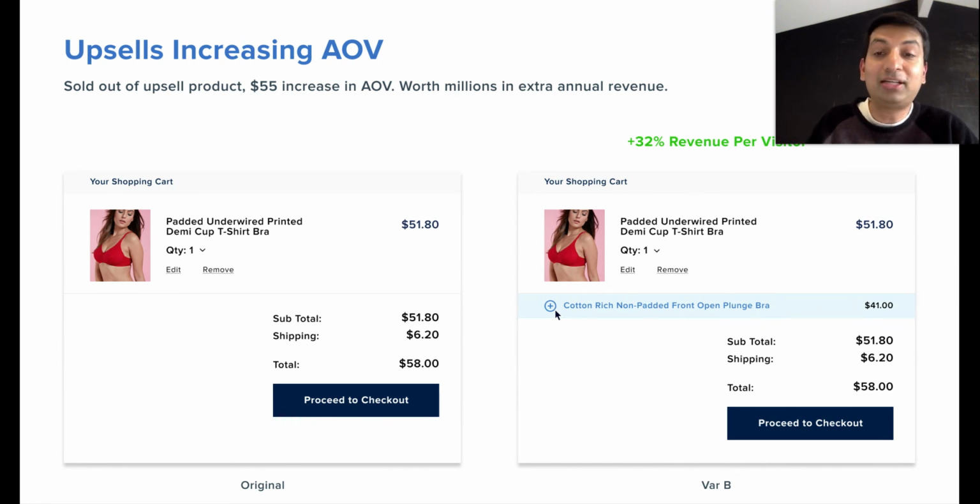So we find this, and this is showing a generic apparel example, again, to anonymize our clients. But I'll give you some examples. So some famous brands, not our clients. For example, the online razor subscription, so Harry's Razors, Dollar Shave Club, etc. That's an example of a place where the main product, you buy a razor, has a lot of very obvious complementary products. Do you need cream with it? Do you need a brush? Do you need the cartridges?